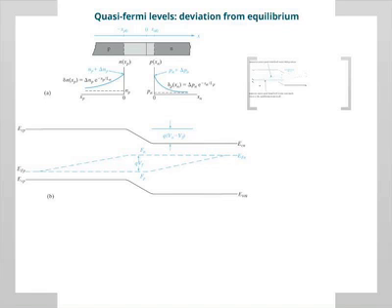So the quasi-Fermi level for holes starts going down. Right? There are more holes. It gets closer to the valence band. Okay? And then the quasi-Fermi levels meet, actually.